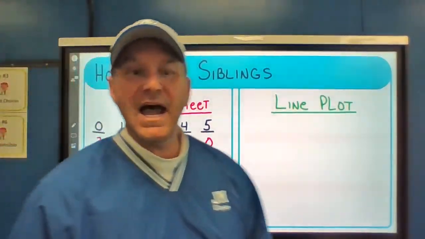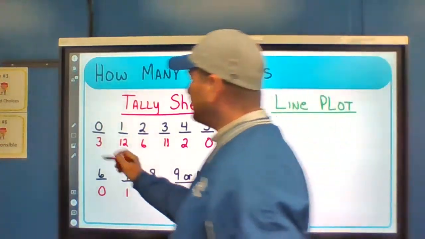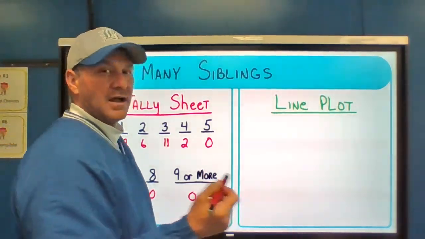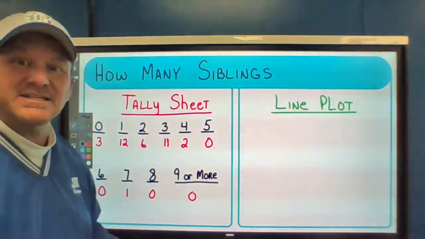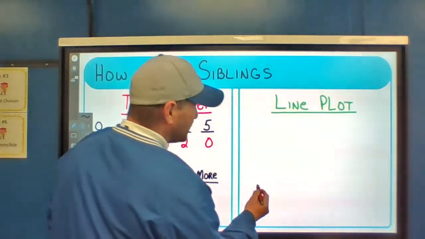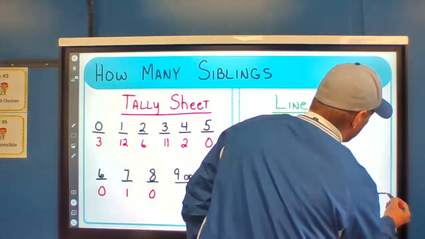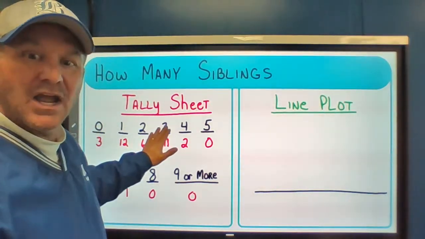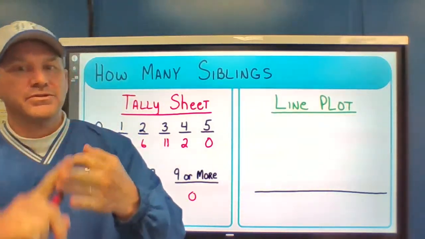So once I have that tally sheet, I can go ahead and make what is called a line plot. I think some of you have already seen these. It's going to represent all of my tallies. Even if there's 0, it will represent all of them. So I'm going to make my line plot starting with just a line. Then I'm going to take all my categories: 0 brothers, 1 brother, 2 brothers, 3.